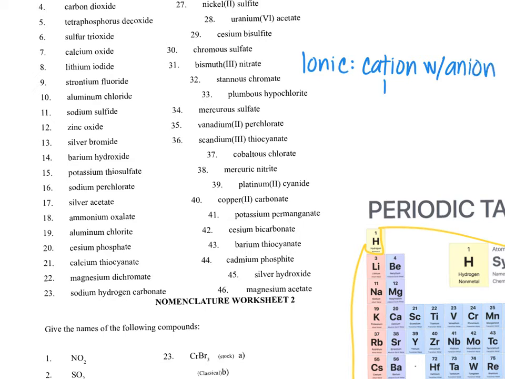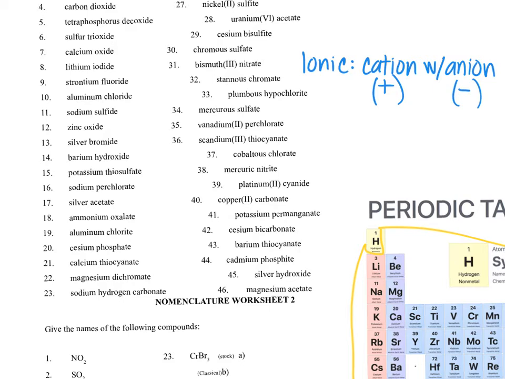When you think cat, think of the t, that means positive, and negative. So the first name in the series is a positively charged atom, and the second name is a negatively charged atom. Almost always that means you have a metal and a nonmetal.